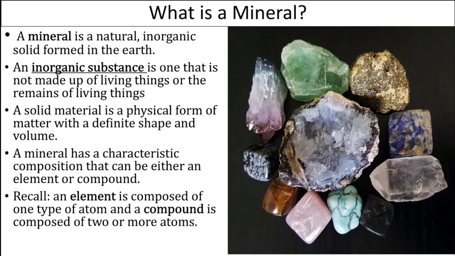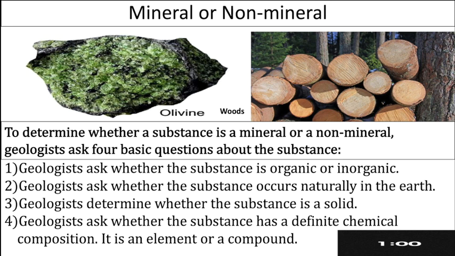Recall from chemistry that an element is composed of one type of atom, and a compound is composed of two types of atoms or elements. What is a mineral and what is a non-mineral? To determine whether a substance is a mineral or a non-mineral, geologists ask four basic questions about the substance.